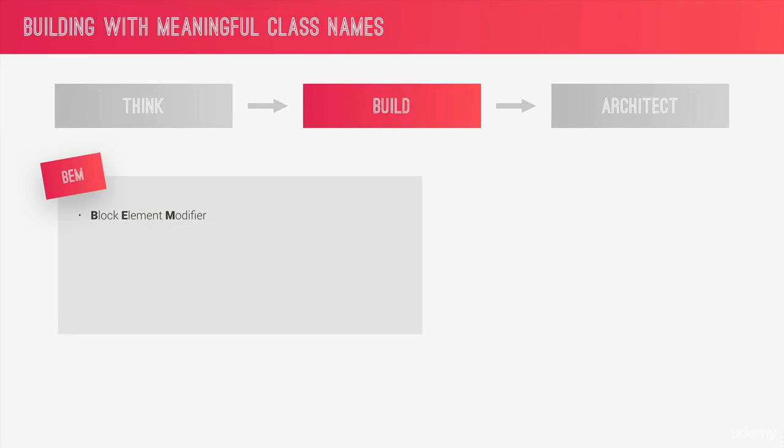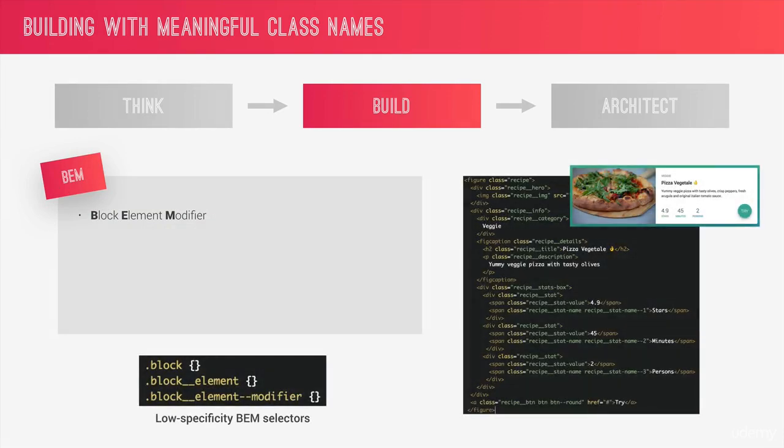So, BEM stands for block, element, modifier. And this is how class names usually look using the BEM methodology. So if you've ever seen code that looks like this example here, now you know that it uses the BEM system. So first, in BEM, a block is a standalone component that is meaningful on its own.